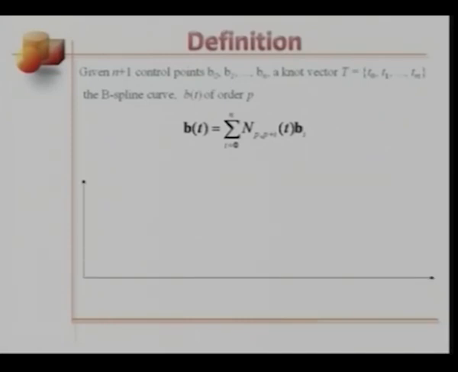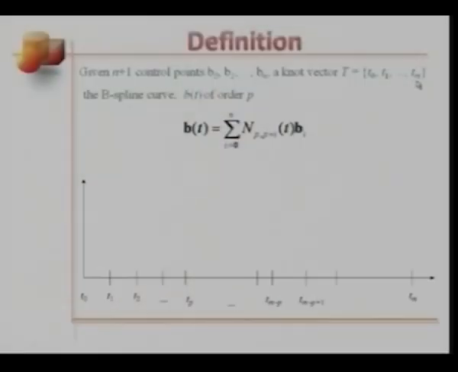Let's look at some graphics. So we have a bunch of knots, T0, T1, T2, up till, let's say, Tp. We continue. Tm minus p, Tm minus p plus 1, up till Tm. We observe this knot vector going from T0 to Tm. The first basis spline function will be N0,p corresponding to i equals 0.